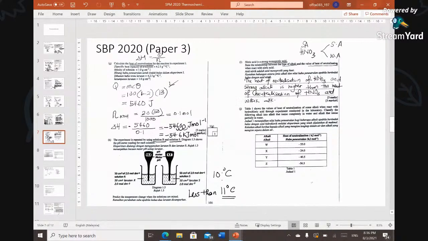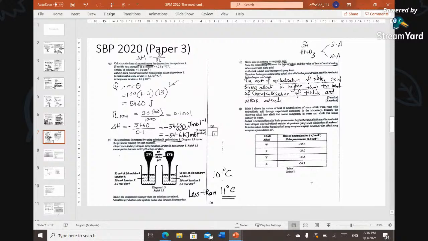Or you can give an example, the same alkali: your strong alkali can be potassium hydroxide, no harm, and your weak alkali you can use ammonia, also can.